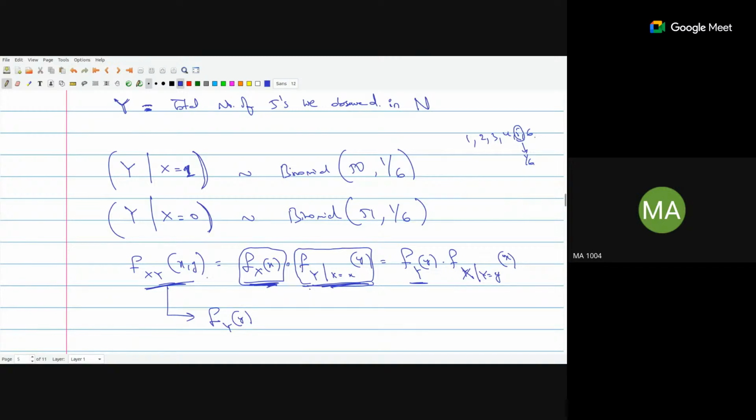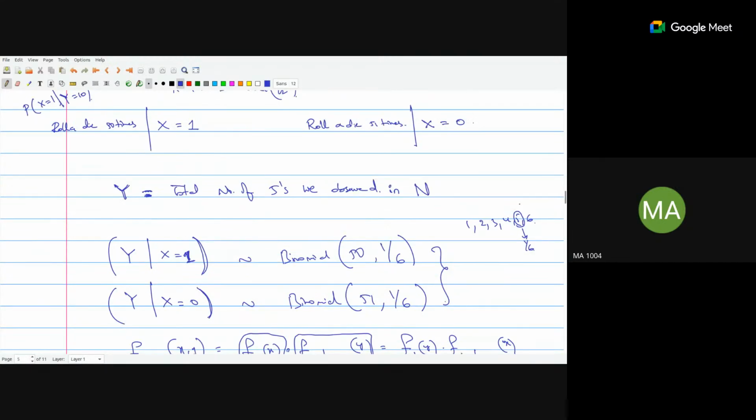This is the method you have to follow here, because I can't directly come up with the distribution of y. Why? Because y is dependent on the x outcome. If x is 0, then y behaves one way. If x is 1, y behaves differently. That is what we observed here, and that is how you should follow it also.